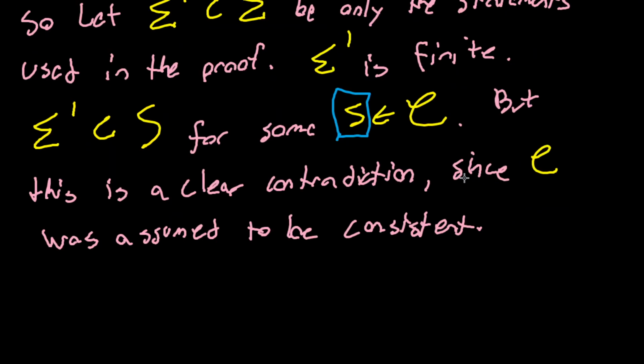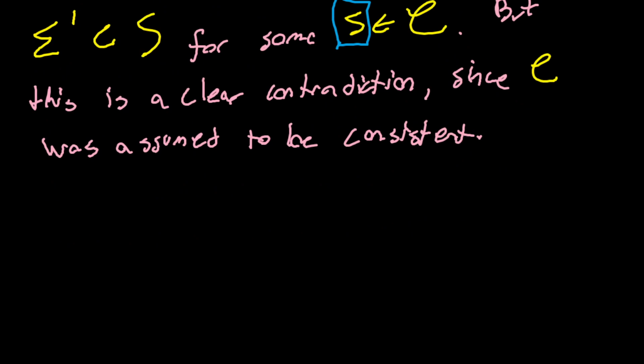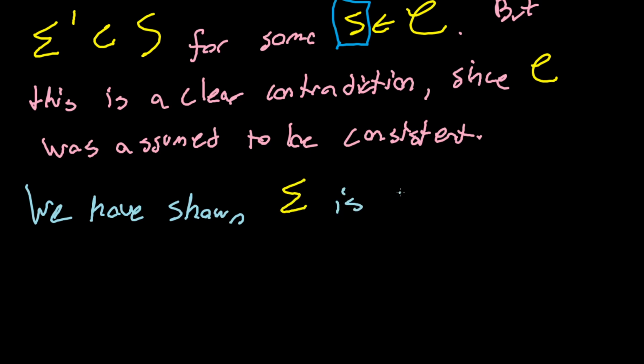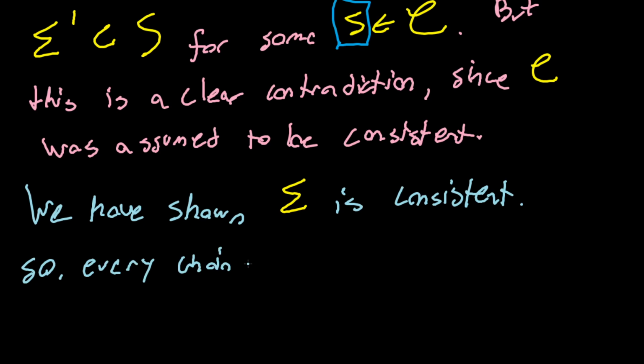We return to the proof. Okay, so now we're actually done. We can just end this off. We have shown sigma is consistent, so every chain is upper bounded.